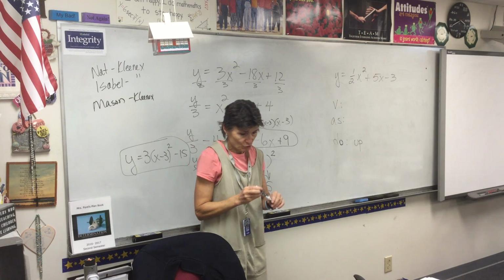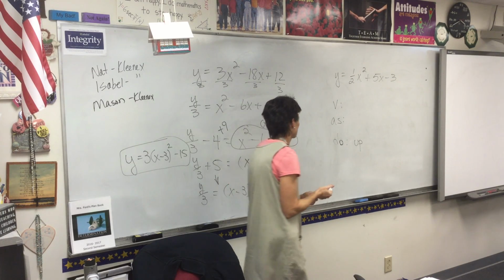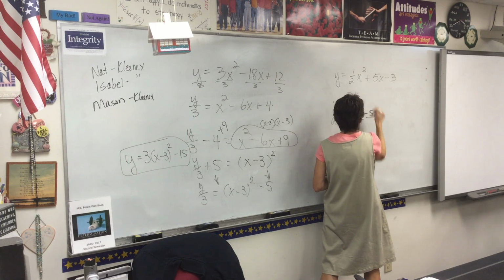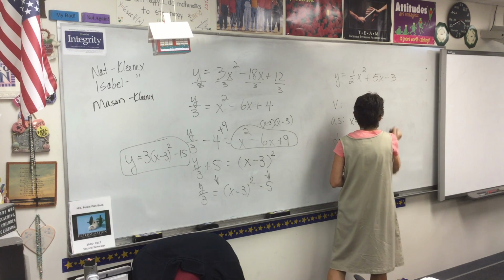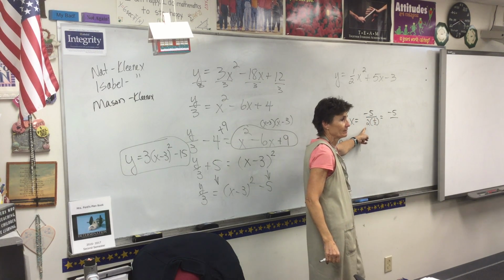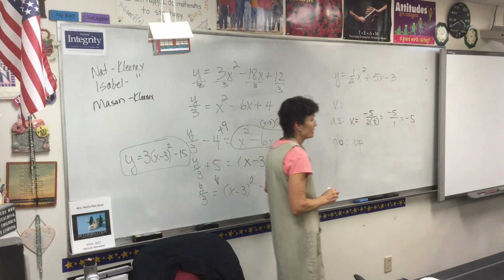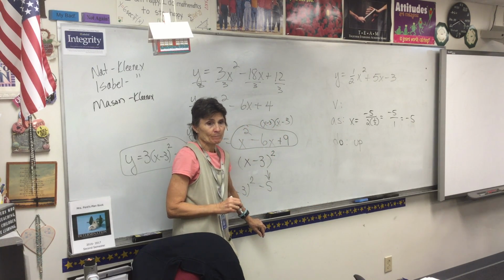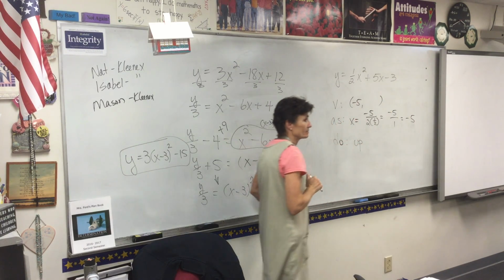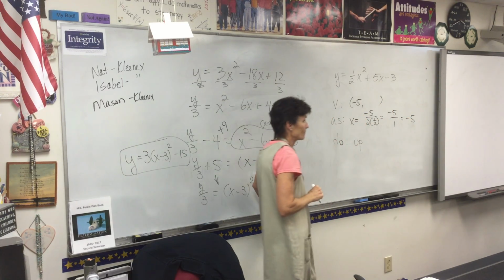Now, axis of symmetry. X equals negative B over 2A. Now, don't freak out because there's a fraction. Good grief. What's 2 times a half? 1. So your axis of symmetry is X equals negative 5, which means your vertex is negative 5 comma something, because this is X equals, so the X is negative 5.